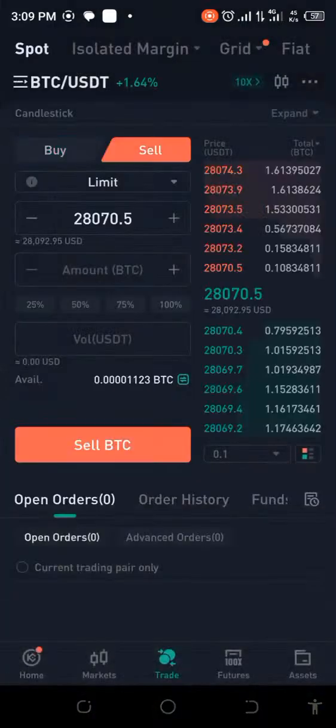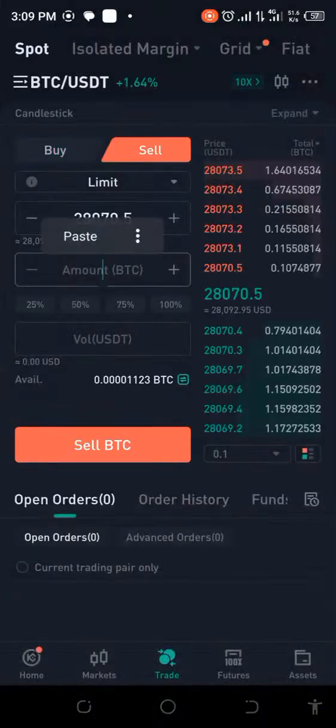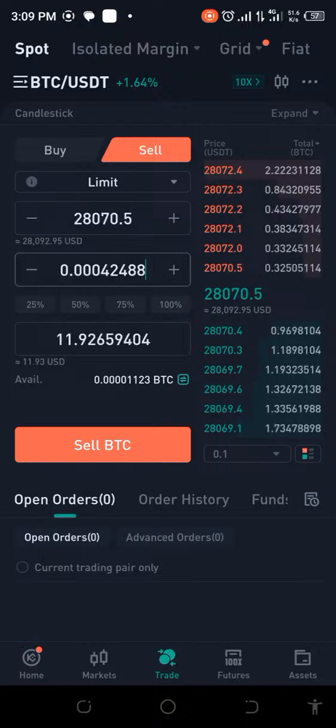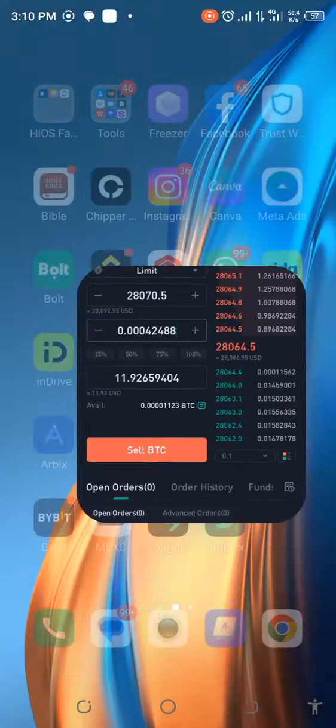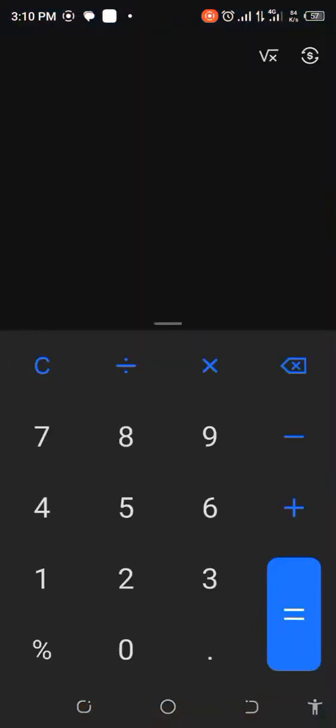So I'm about to paste BTC. Don't forget, what we have is 11.92. Looks good. Let me check in my calculator to be sure that the signal is giving us what we really want.